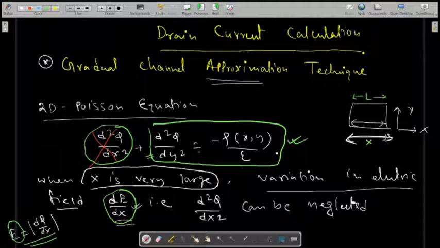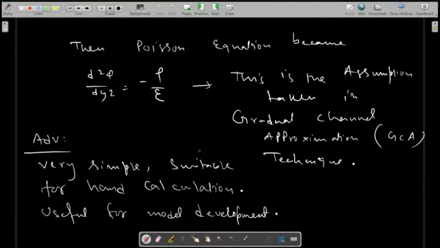So why are we using this gradual channel approximation? Just to reduce the complexity of the Poisson equation, so that we can easily solve it with pen and paper. In most cases, when we derive model equations for a MOSFET, we generally start our derivation by taking the one-dimensional Poisson equation, because with the two-dimensional Poisson equation, model development is a very difficult task.